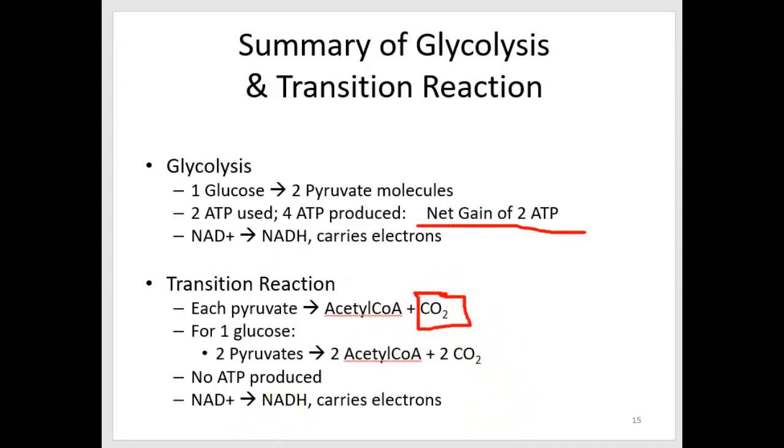Okay? The organic end product, considering the nutrient as our starting reactant, for one of them, the product is called pyruvate. So glucose gets turned into pyruvate. In the transition reaction, pyruvate gets turned into acetyl-CoA. So that's the summary of those two steps.